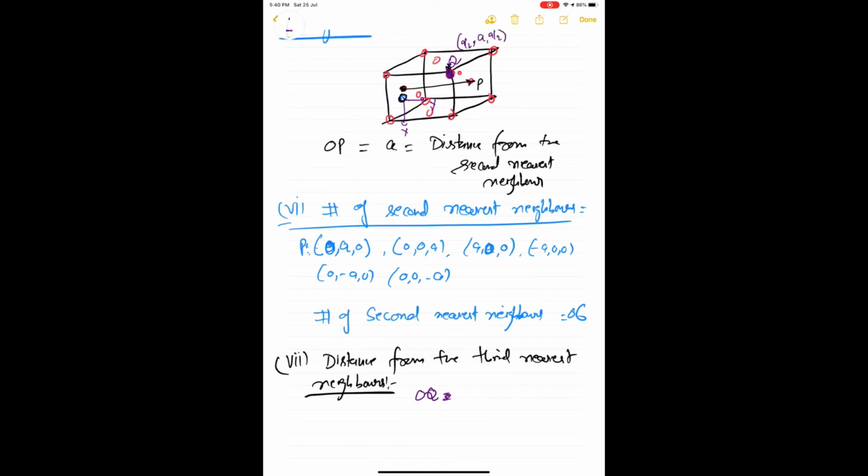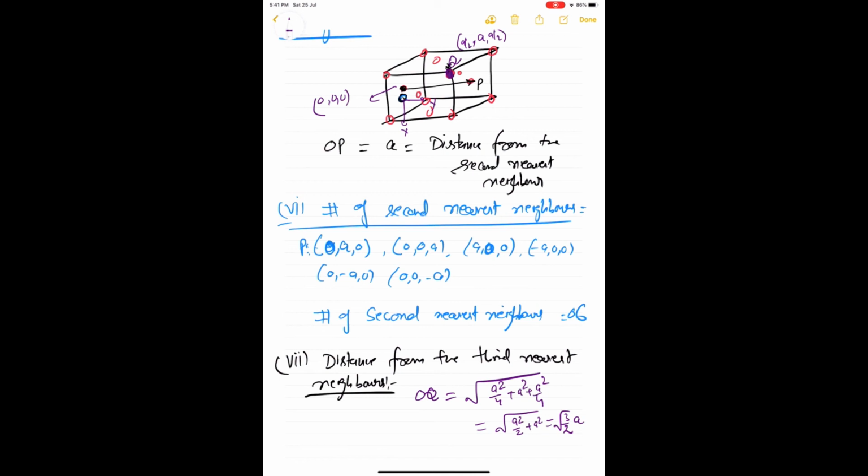So we have to go a by 2 in the x direction, then a in the y direction, and then a by 2 in the z direction. The distance OQ from the origin O will turn out to be the square root of a square by 4 plus a square plus a square by 4, that is a square by 2 plus a square, which is root 3 by 2 a.